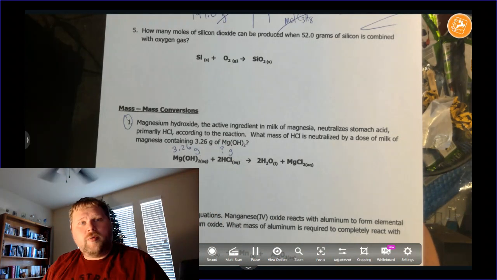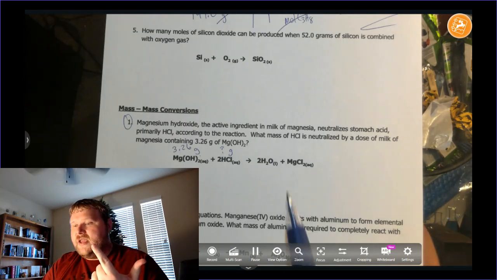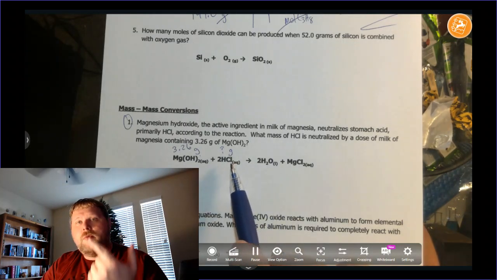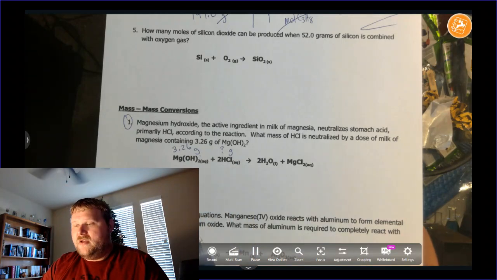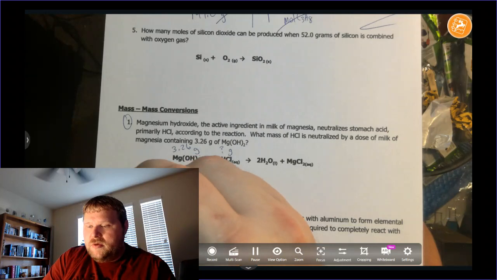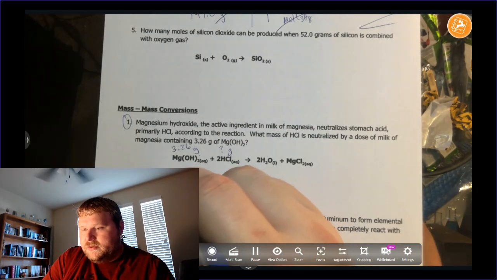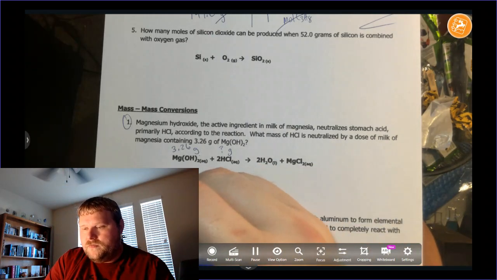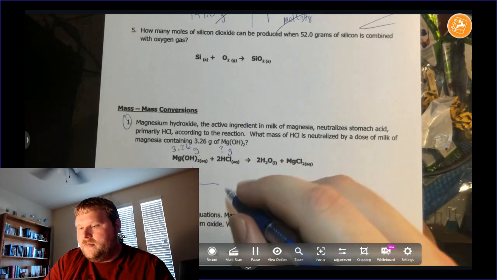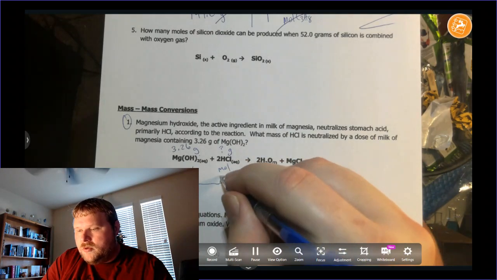So as you can see, we're in grams going to grams. So I'm going to have to prep to get to moles. I'm going to have to stoich to get into HCl, and then I'm going to have to polish to get grams of HCl. So 3 steps. Let's begin with 3.26 grams of milk of magnesia, and let's prep it. So we'll put grams on bottom, and we'll put moles on top.